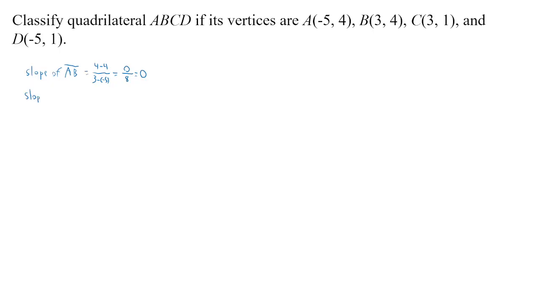Next, we got the slope of segment BC. This is 1 minus 4 over 3 minus 3. 1 minus 4 is -3. 3 minus 3 is 0. And this is undefined because we cannot have a 0 in the denominator.